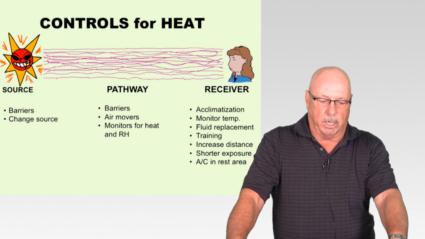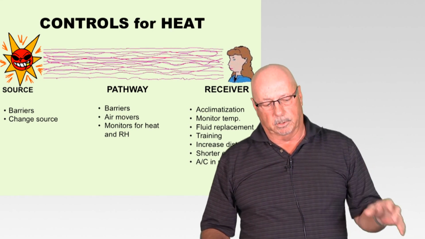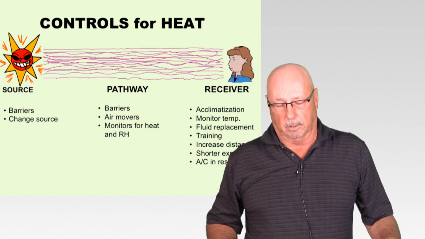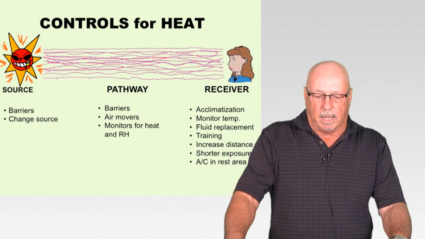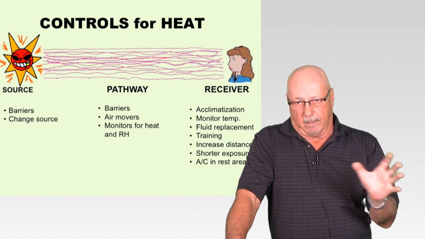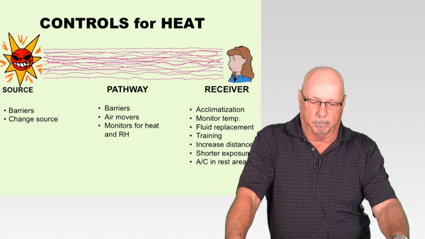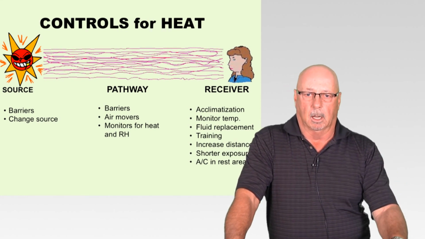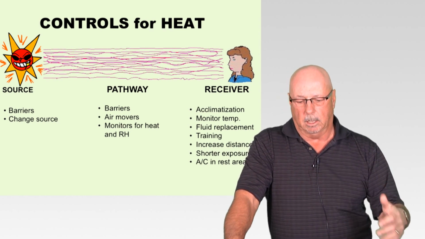Or we can change the source in some cases if we're dealing with a source from the indoors. Likewise, we can put up devices on an indoor source of heat to reflect that heat. As far as the pathway between the source and the receiver, again, putting up barriers, putting in air handlers, air movers. We can use monitors for the temperature and humidity.